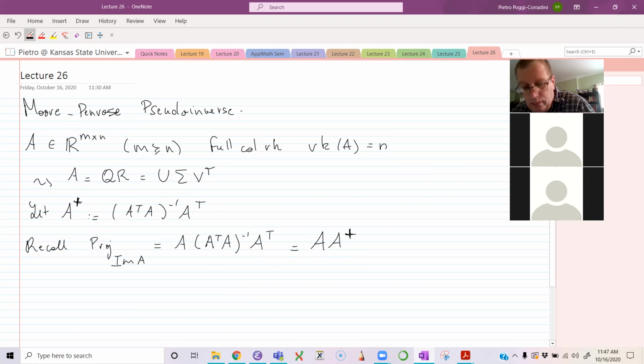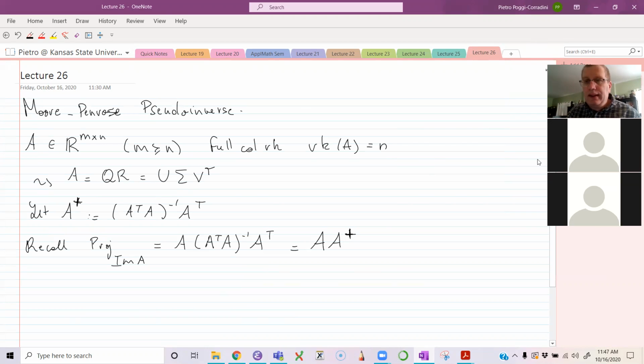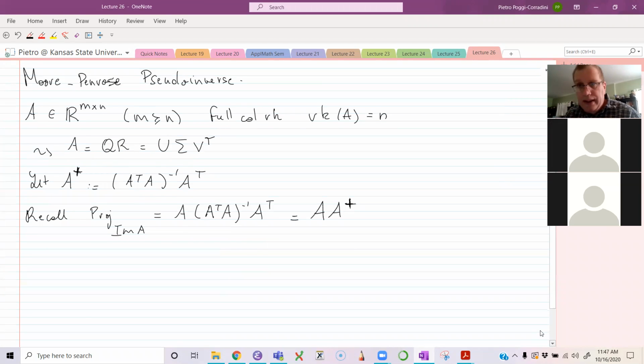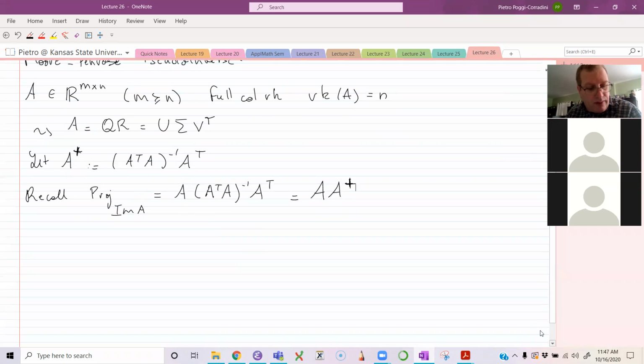All right, so let's understand where this comes from in terms of the QR and the SVD. In terms of the QR, let's just go through the motions.